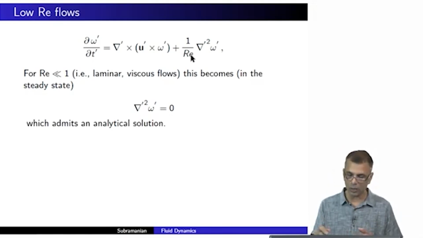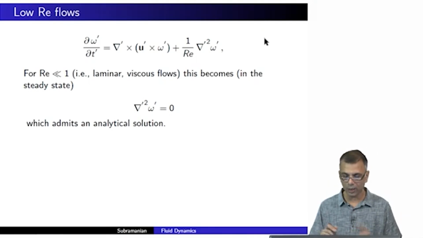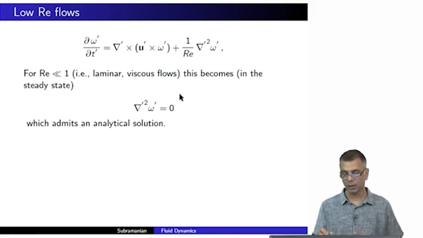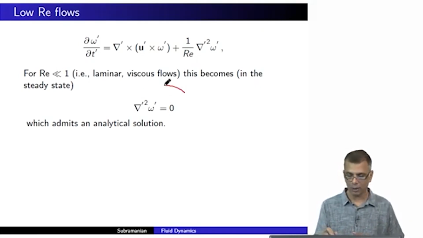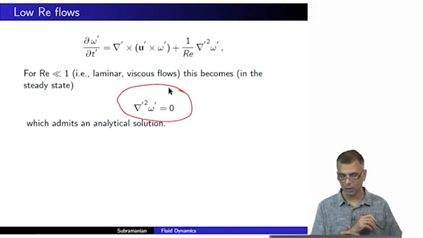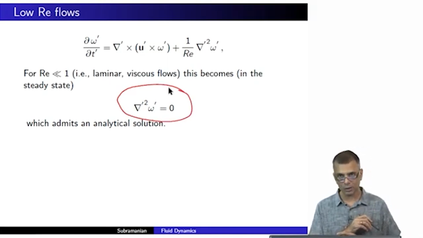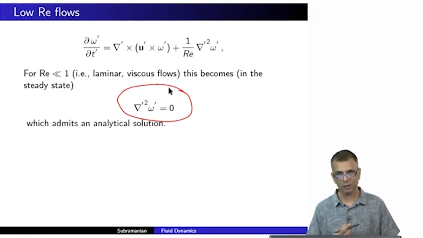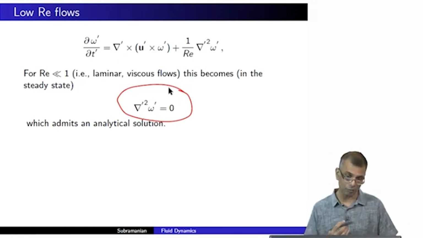Because it's 0, one might as well multiply out the Re, and you get this very familiar looking equation, right? So this is essentially the Laplacian equation, which admits an analytical solution. This is one of the advantages of writing it this way.